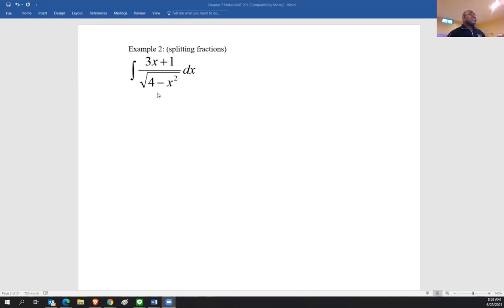once again, using substitution directly doesn't really profit us here, because if we let u, for example, equal the denominator, not the whole denominator, but just 4 minus x squared, du ends up being negative 2x dx.